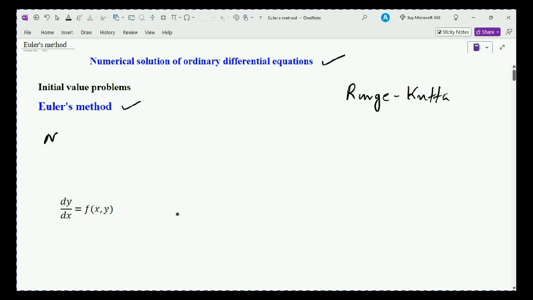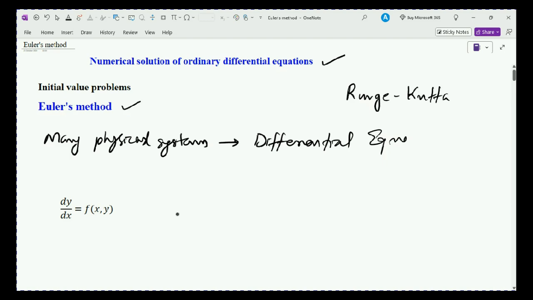Many physical systems that are represented by differential equations are not solvable analytically.